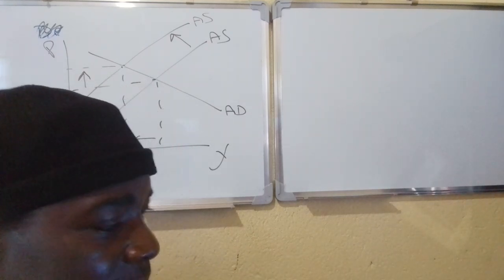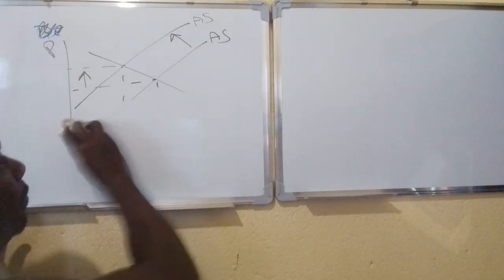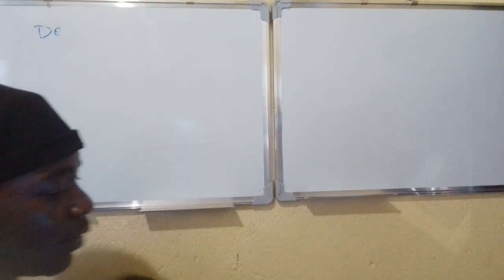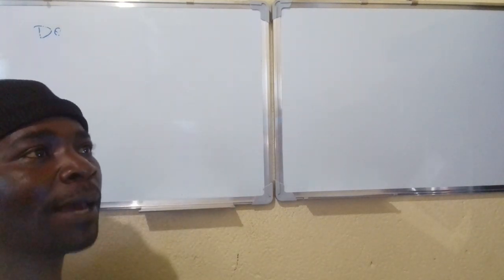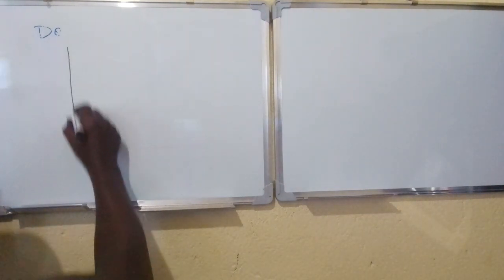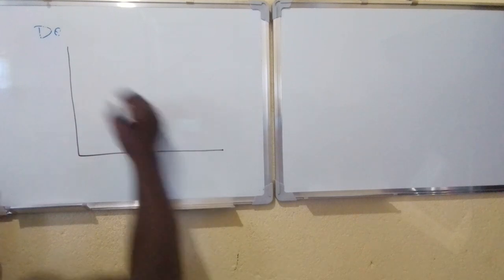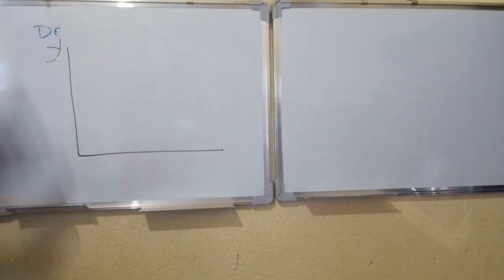Unemployment in the Keynesian model or ADAS model. If they say show unemployment in the Keynesian model, you need to know one thing first. There's a relationship between employment levels and production levels. And in any graph you will ever draw, for the first time you'll find the production levels being on the vertical line.